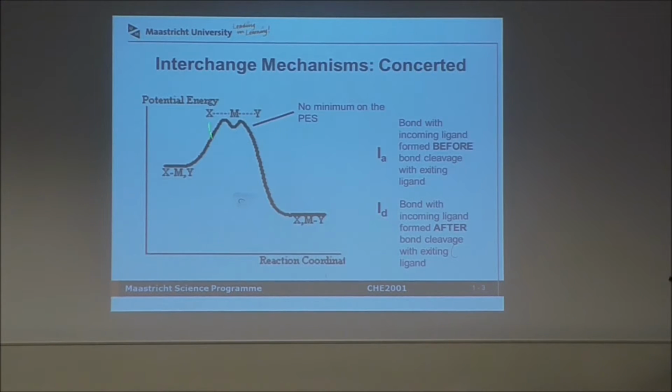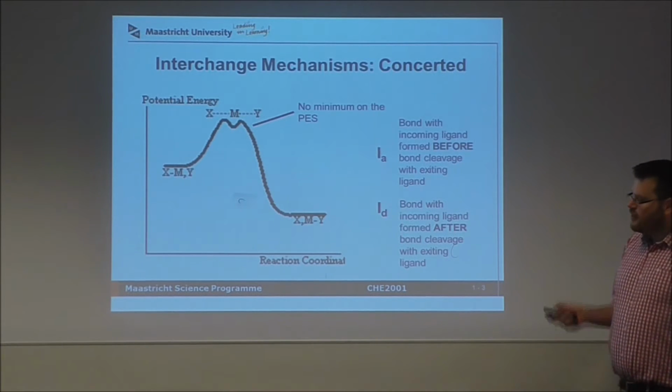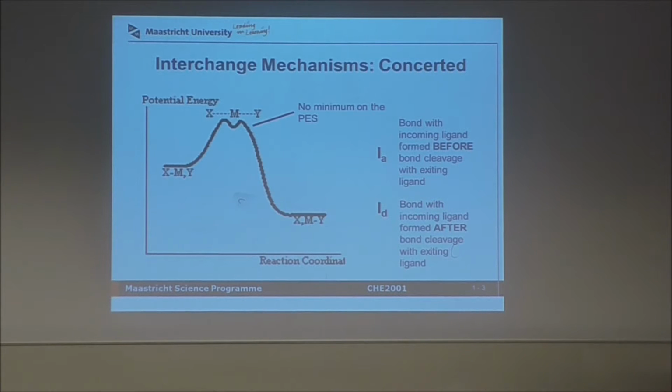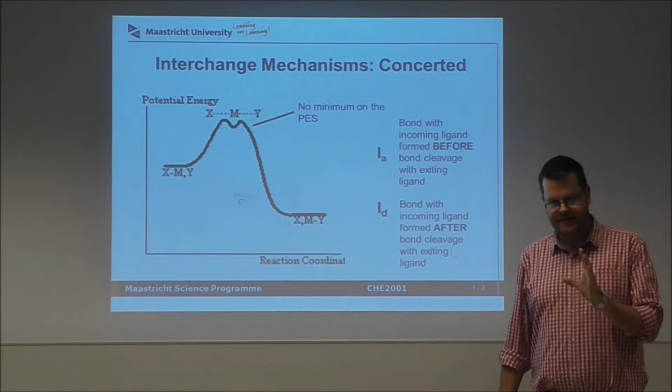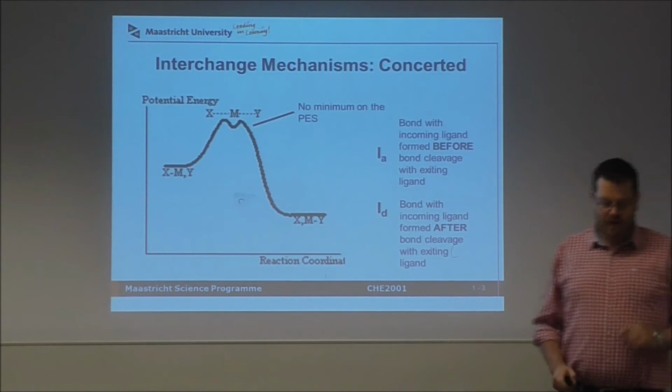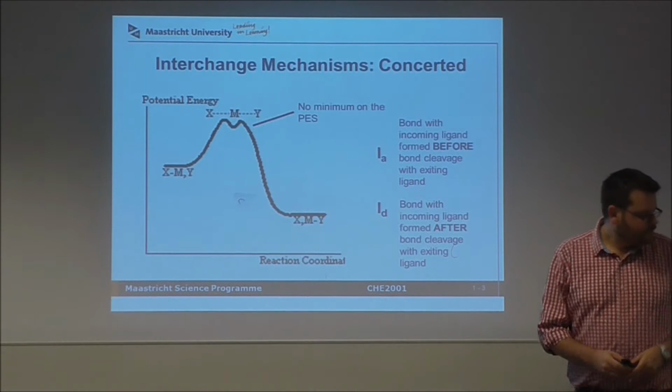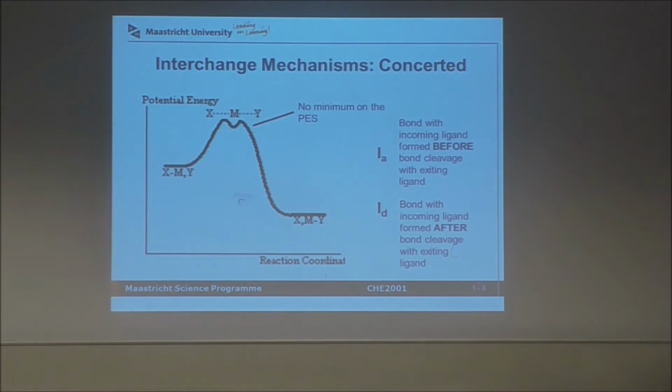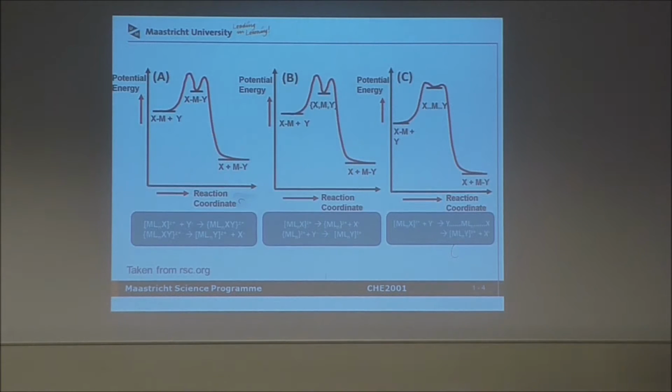Whereas here you basically have a very flat, concerted process. Same with ID, right? So ID is an interchange mechanism that resembles a dissociative mechanism. And basically, both of these are concerted.